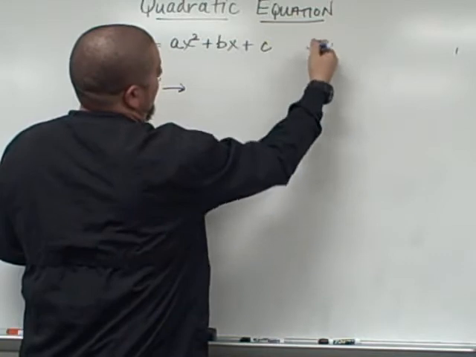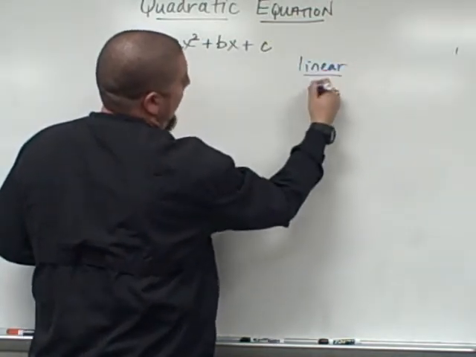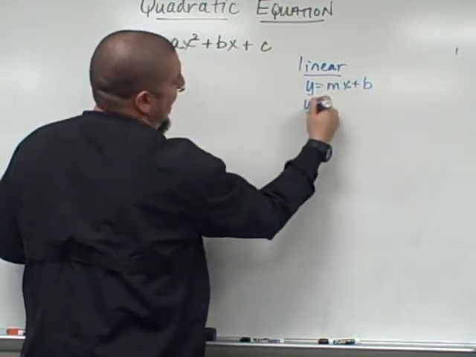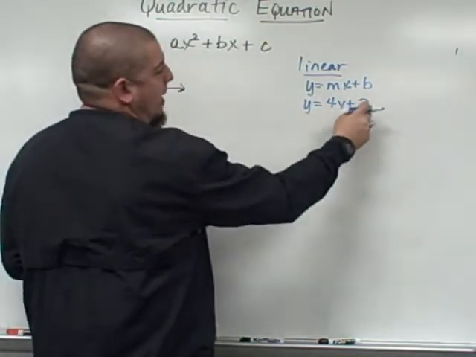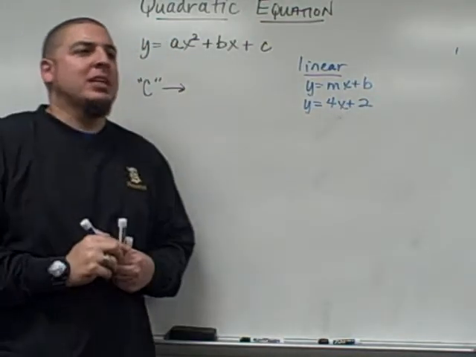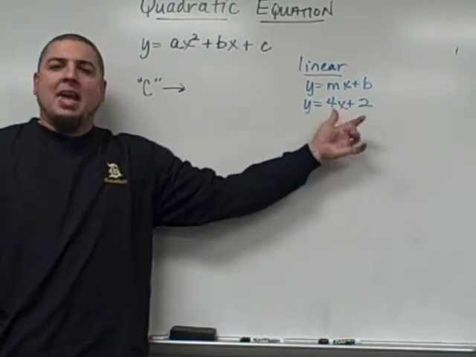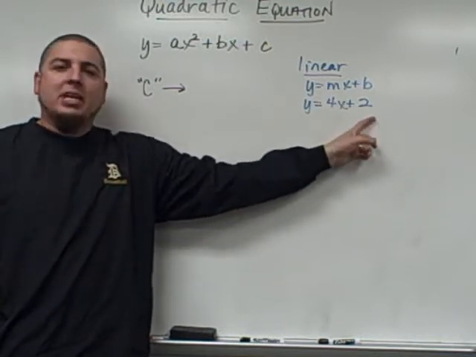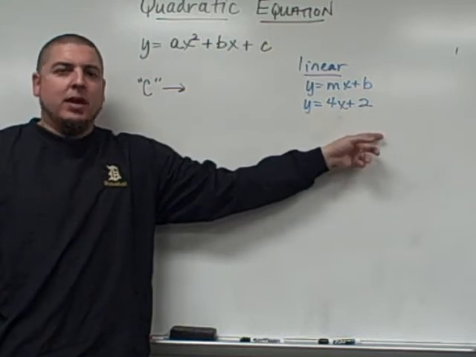If you remember the linear form, linear was y equals mx plus b, right? So like y equals 4x plus 2. And we used to call this number what? We haven't said this in a while, but we used to call this number the naked term, right? The naked number, because it didn't have a variable. We put the naked number at the back. In the linear form, the naked number was the number that was the y-intercept. It was the constant, okay?